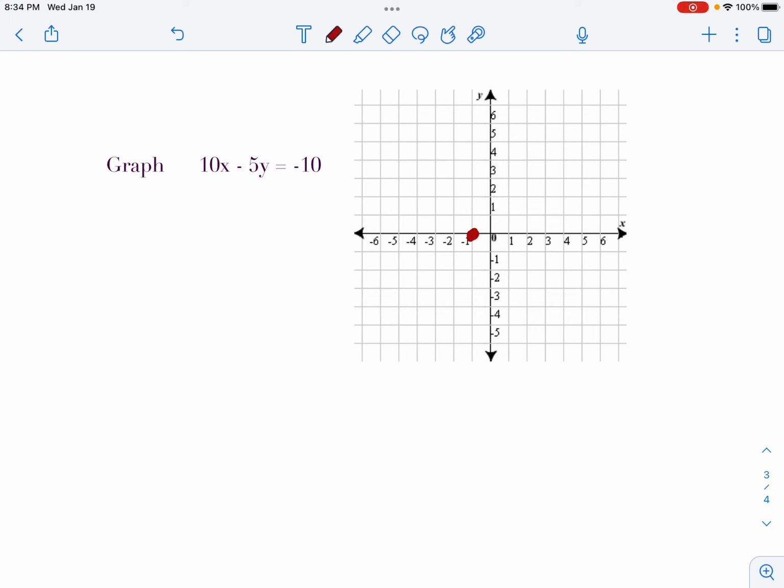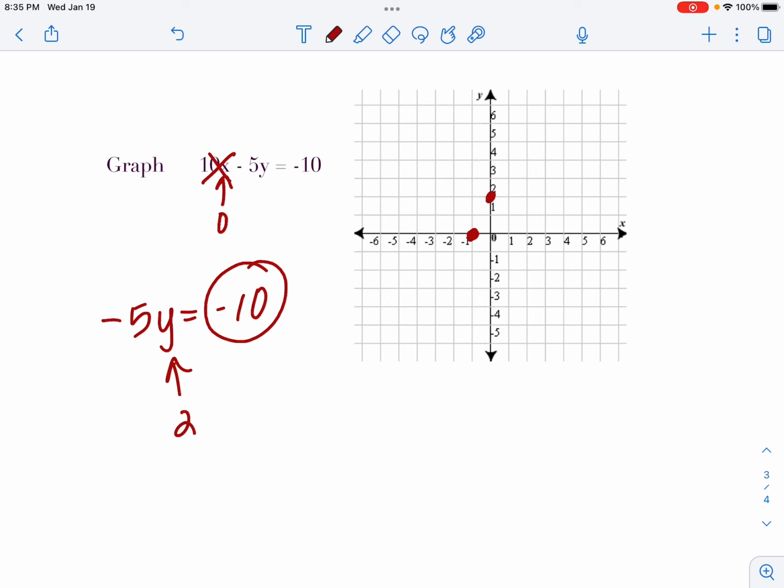My y-intercept would be when x is 0, so I'm going to plug 0 in for x here, which will cancel out this term in my equation. Now I need to make sure I'm very careful with my negatives. With this equation that is left, I need to take -5 times a positive 2 in order to keep that value a -10. So I'm crossing the y-axis at positive 2 and then connecting both my x and y intercept with my straight line.